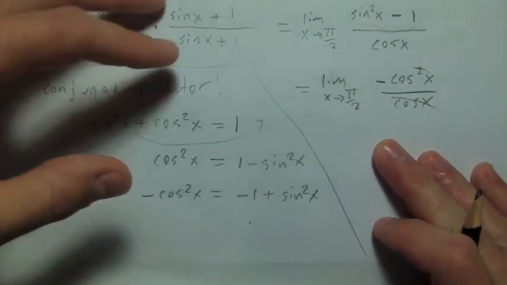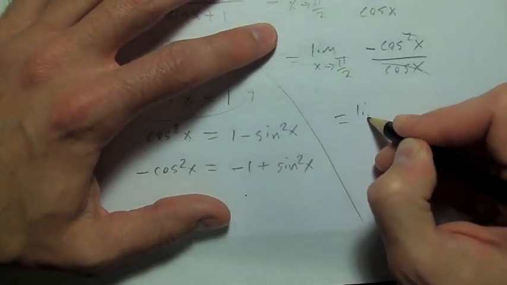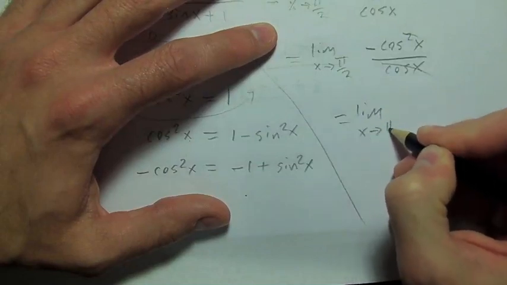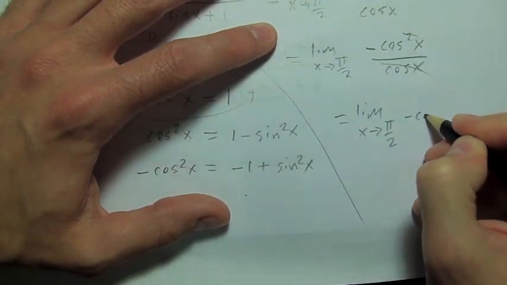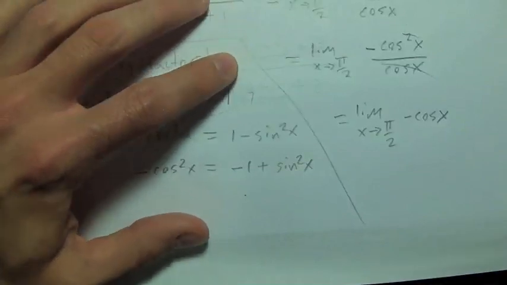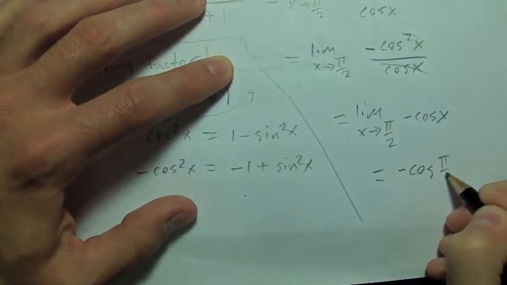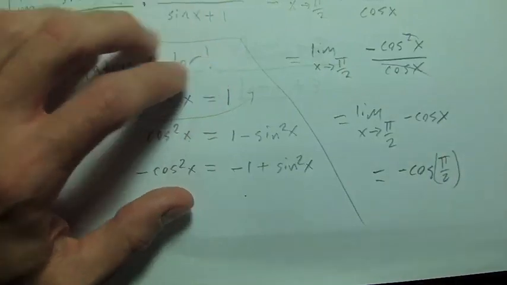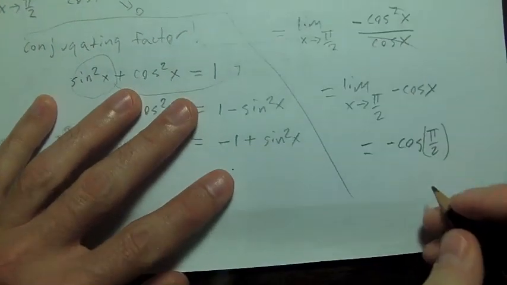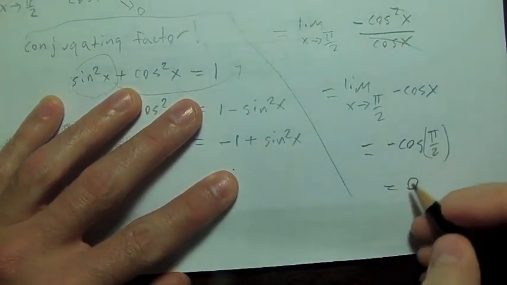The cosines cancel, so I end up with the limit as x goes to pi over 2 of negative cosine x. And now we can just plug it in. That's negative cosine pi over 2, which is 0.